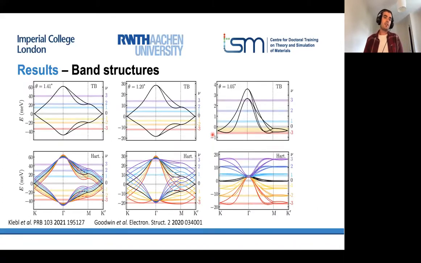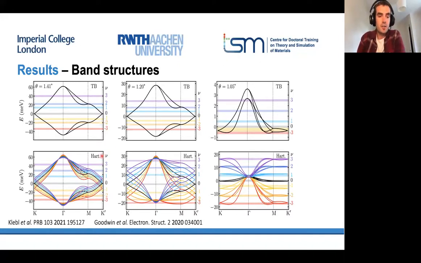Right, so here is the electronic structure of twisted bilayer graphene under two different approximations. In the upper panels, I'm showing the tight binding approximation, so there are no electron interactions here. And you can see that the electronic structure doesn't have any doping dependence other than where the Fermi energy sits within these bands.